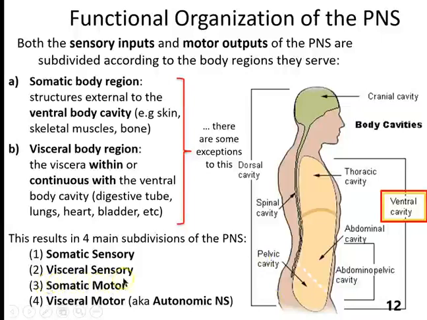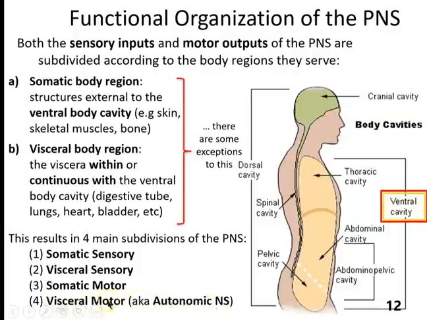And then we also have somatic motor and visceral motor, and those would be signals going from the central nervous system to the rest of the body. That would be somatic motor, or to the ventral body cavity and continuous structures. That would be the visceral motor or autonomic nervous system.